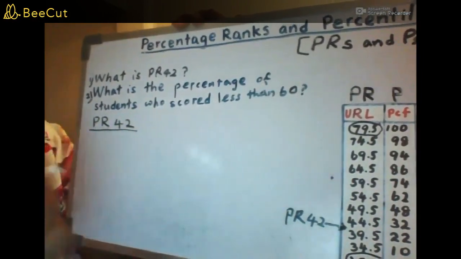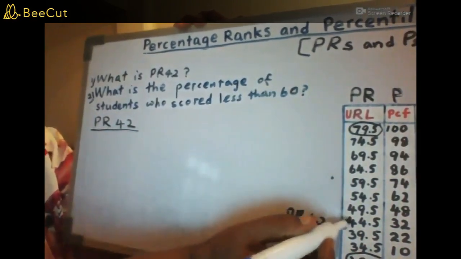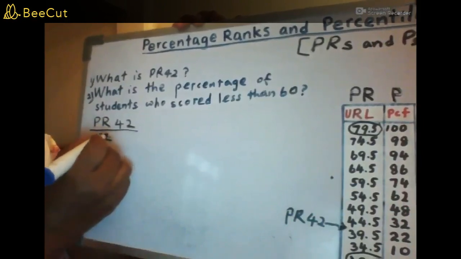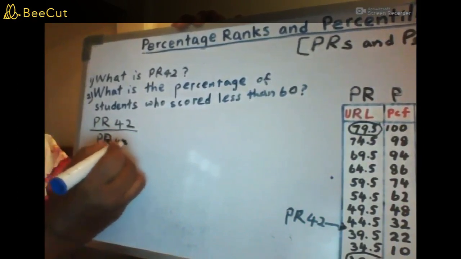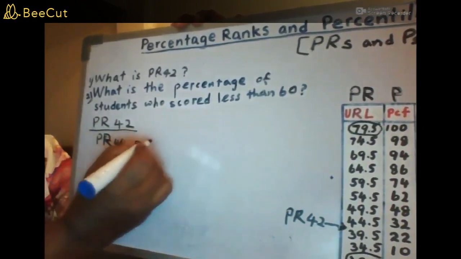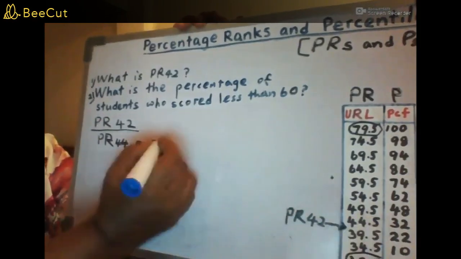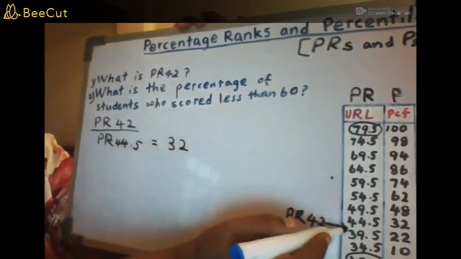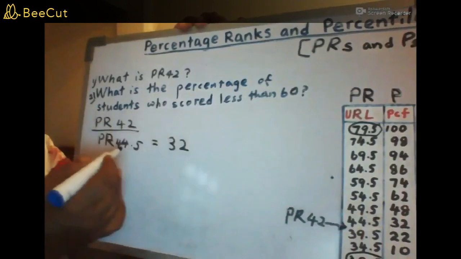Then there's this method. Take this upper value. We know PR 44.5. What is PR 44.5? 32. Always take this upper value, the value above the arrow. 44.5 is 32.